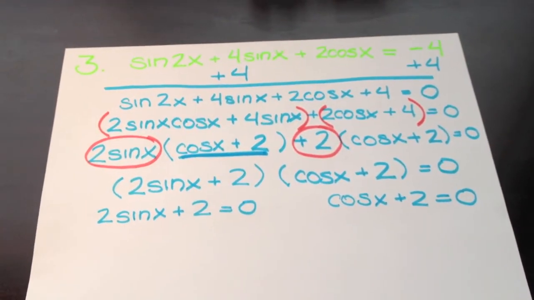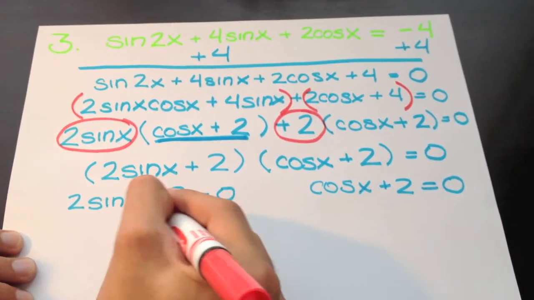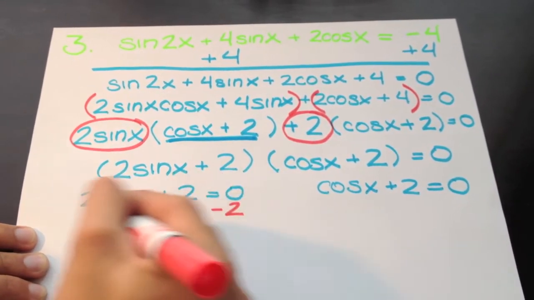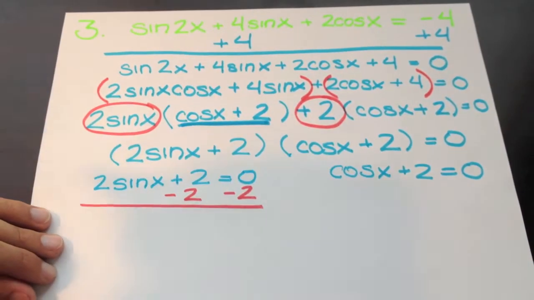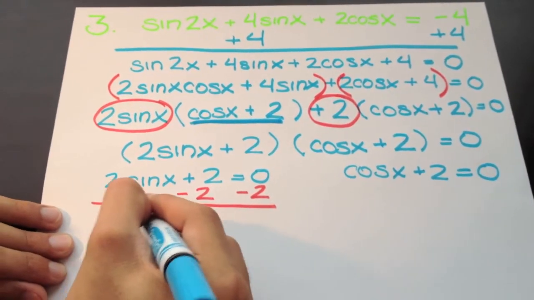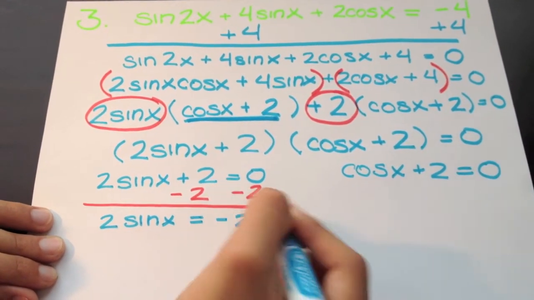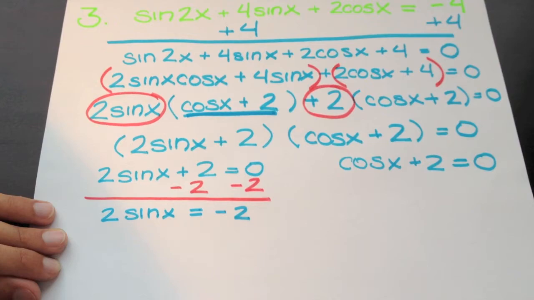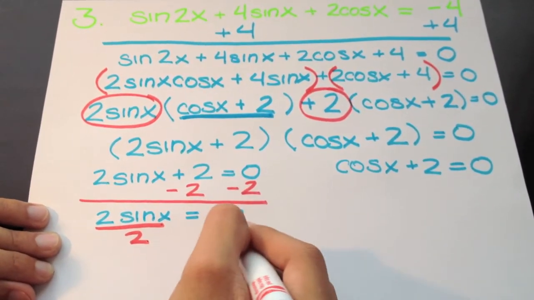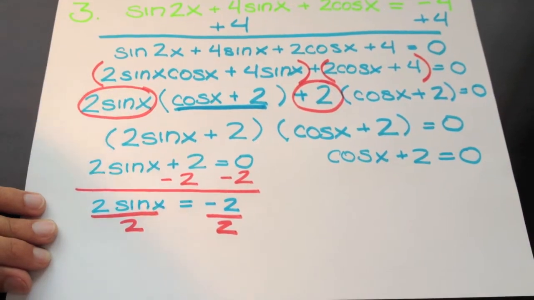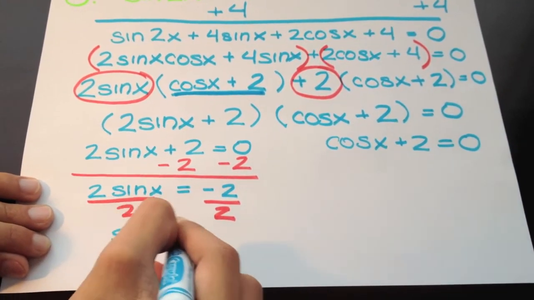On the equation on the left, we're going to subtract 2 from both sides, and that's going to give us 2 sine of x equals -2. Now we're going to divide both sides by 2, and that's going to give us sine of x equals -1.